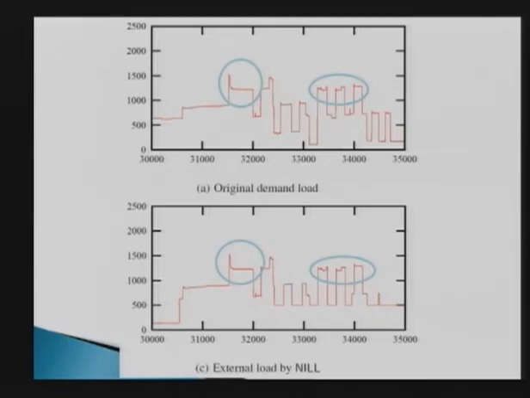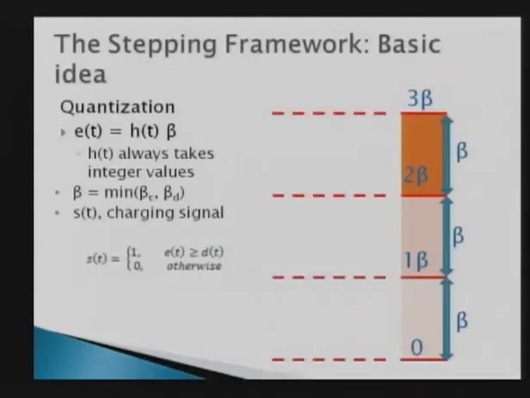Okay, so now we have introduced two algorithms, and they are both not secure, so we can recover the load change events. Then we can find the behavior of the appliances. And next, I will present our method. We call it the stepping method.